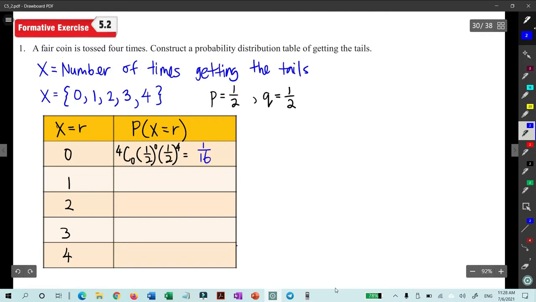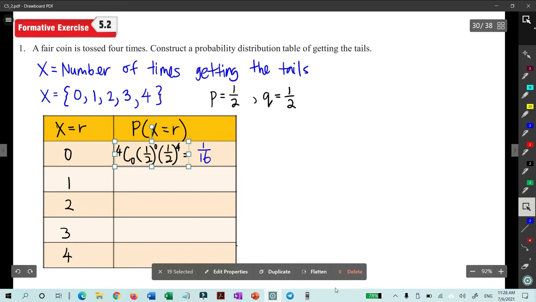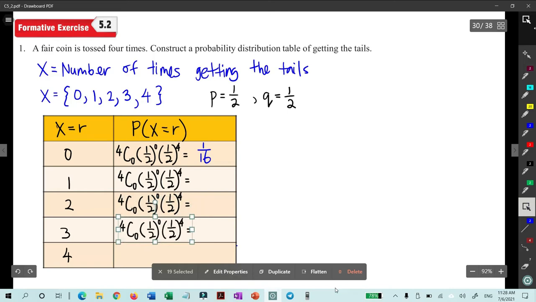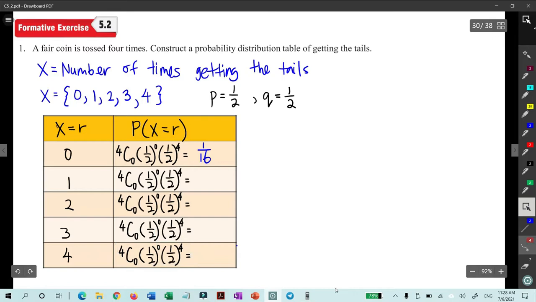Next, actually we can simply copy this, and then later I'm going to change the value of r. Okay, let's change all these values.